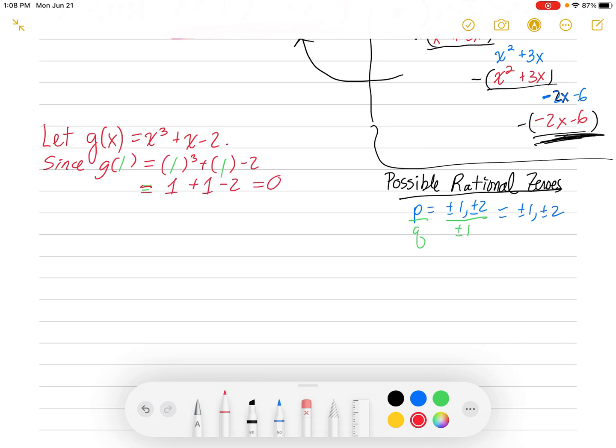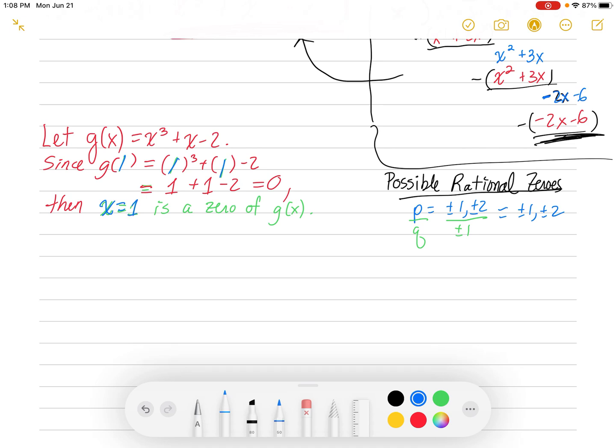That's going to be, let's see, 1 cubed is 1, plus 1, minus 2. This equals 0. So since g of 1 is 0, then that means x equals 1 is a 0 of g of x.